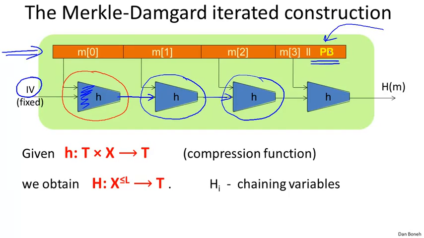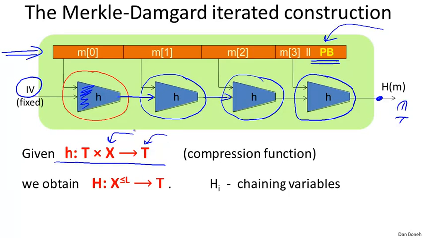But after we append the padding block, we again compress the last chaining variable with the last message block, and the output of that is the actual output of the hash function. So just to summarize, in symbols, we have this compression function that maps elements in T, which is the output of the hash function, plus message blocks X, and outputs the next chaining variable. So as I said, this is what the compression function does.